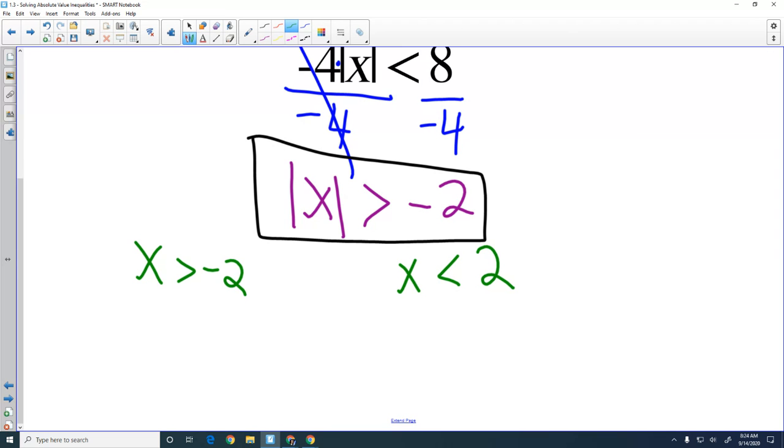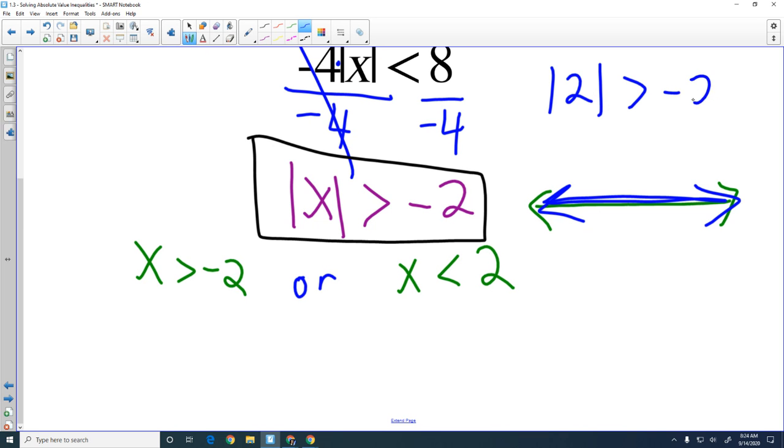And so if I did graph this, it would look kind of weird because it can be any number that's greater than negative 2 or any number less than 2. It's any number at all. So I don't even need to plot those on my graph. It's literally the entire number line because it's one or the other. 2 does work because if I take the absolute value of 2, that says 2 is greater than negative 2.